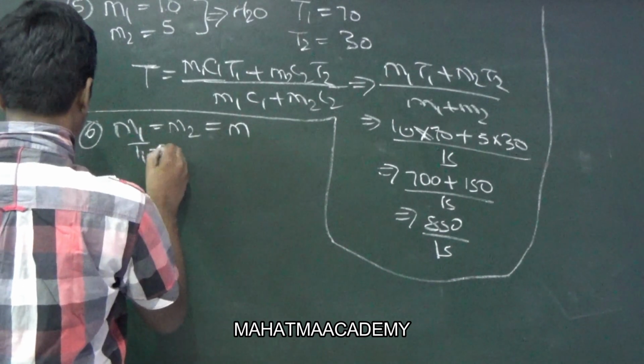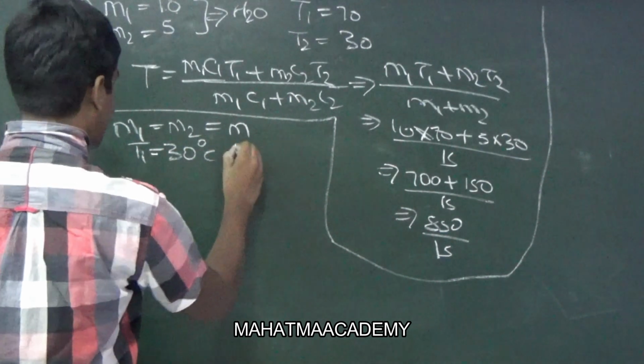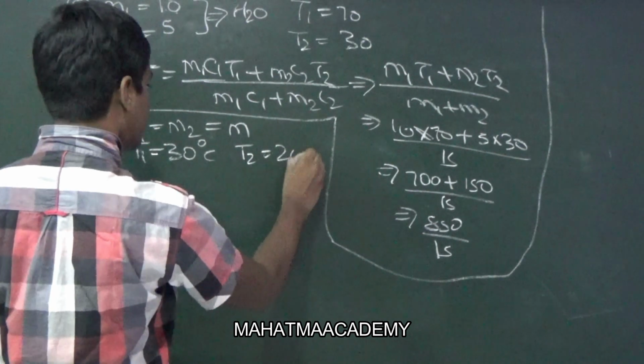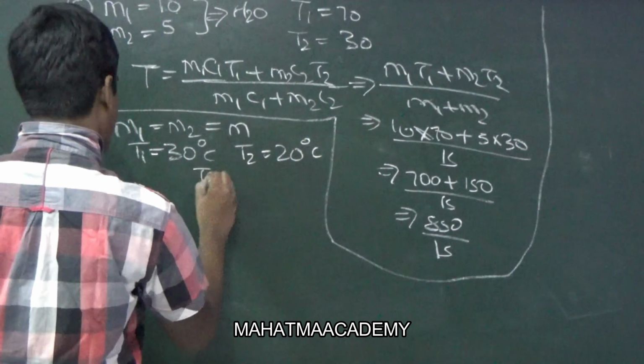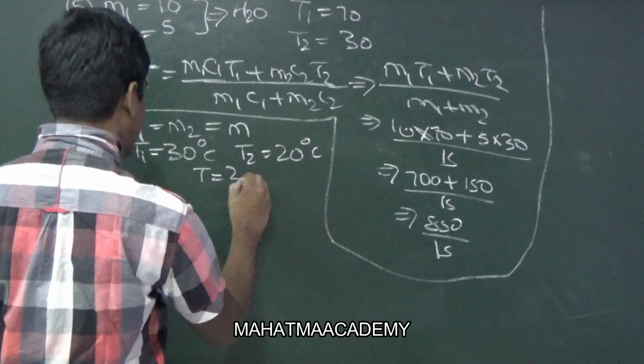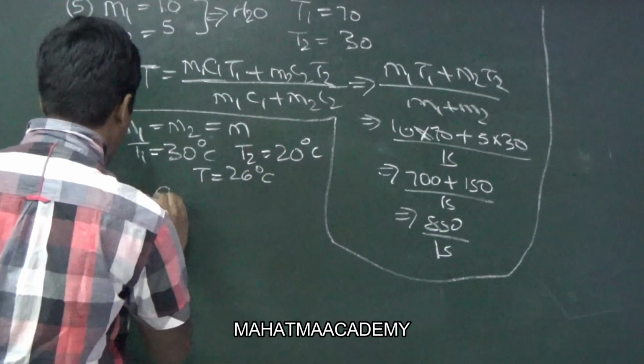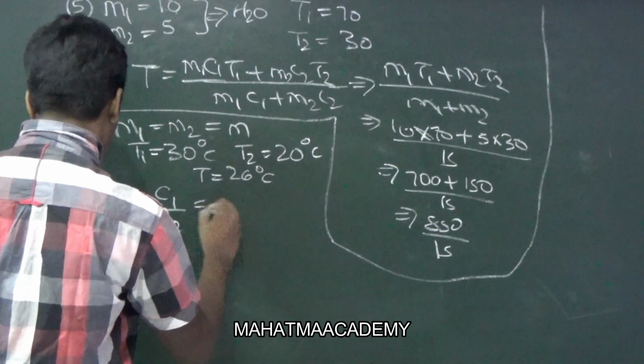T1 is equal to 30, T2 is equal to 20 degrees and they have given the common temperature, 26 degrees Celsius. Now I want to find out C1 by C2 is equal to dash.